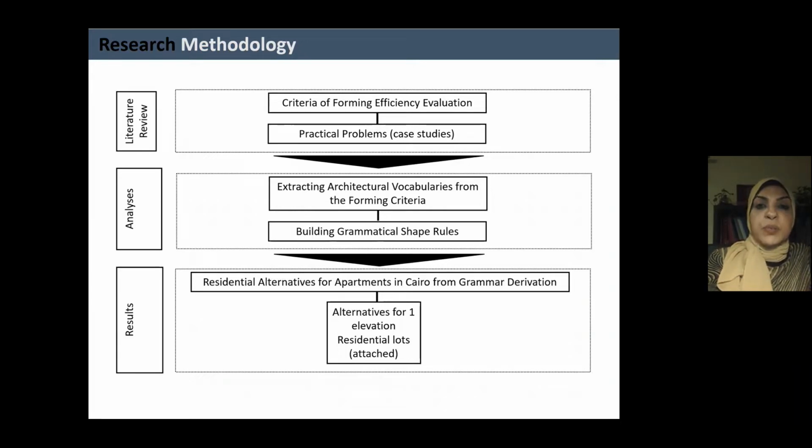And in the results, we present a model of derivation and see how this tool works efficiently.